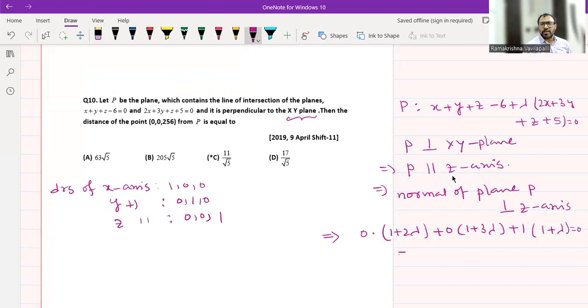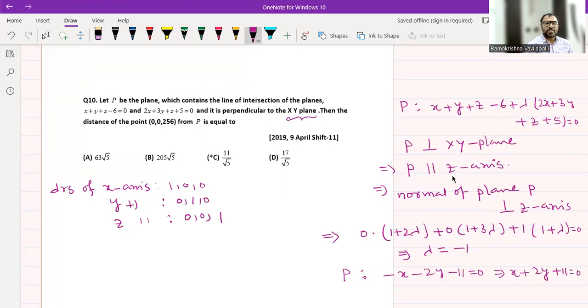So therefore, we got λ equal to minus 1. We will get the plane equation by substituting λ equal to minus 1 here. We get -x - 2y - 11, so x + 2y + 11 = 0.